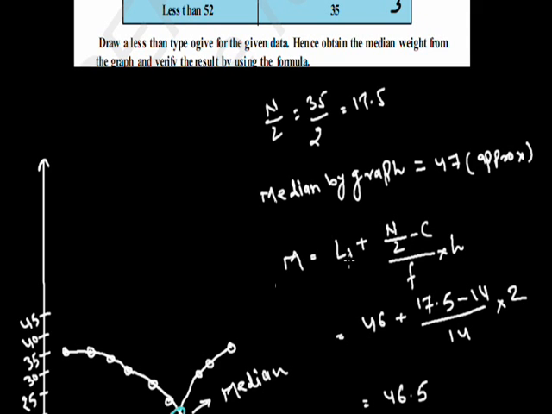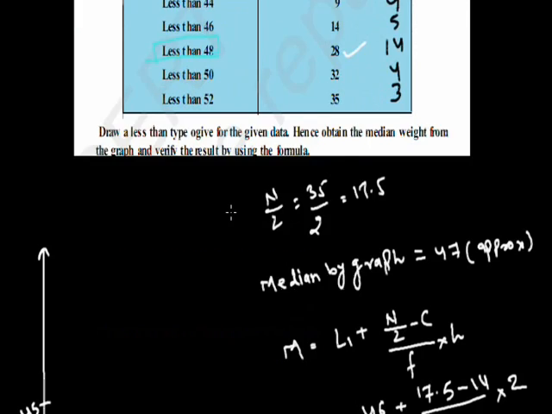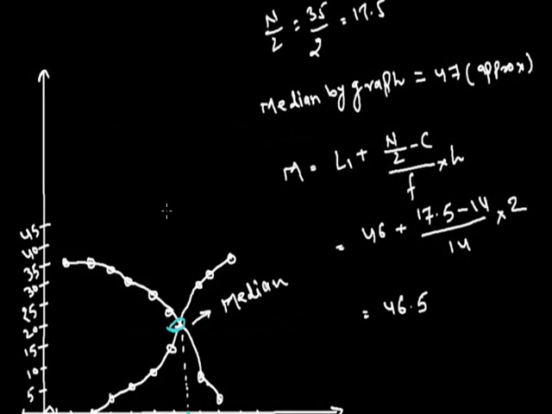Here n by 2 is 17.5, which lies in the interval 46 to 48. So the lower limit is 46, n by 2 is 17.5, the cumulative frequency of the class previous to the median class is 14, f is also 14, and class interval is 2. So by the formula we get 46.5.